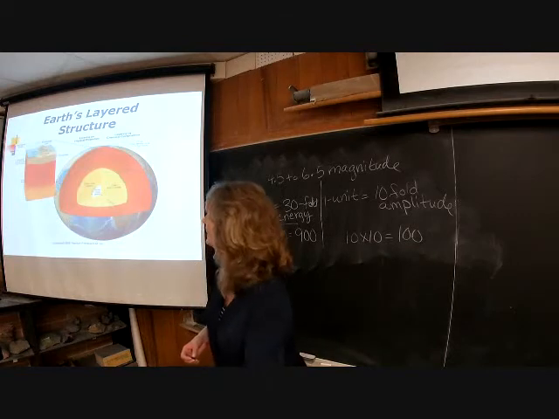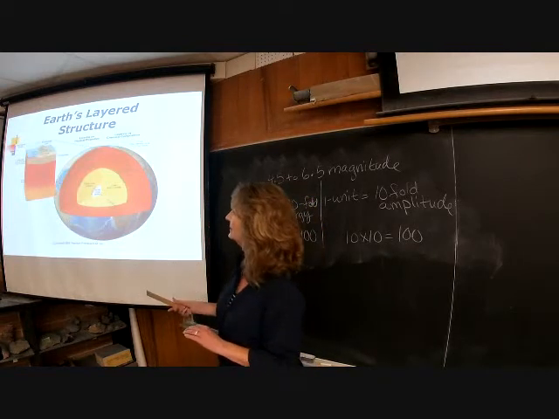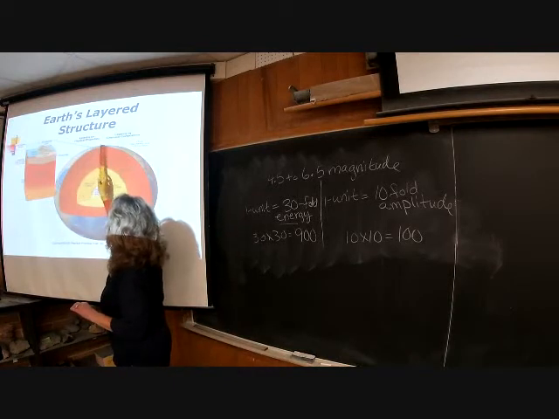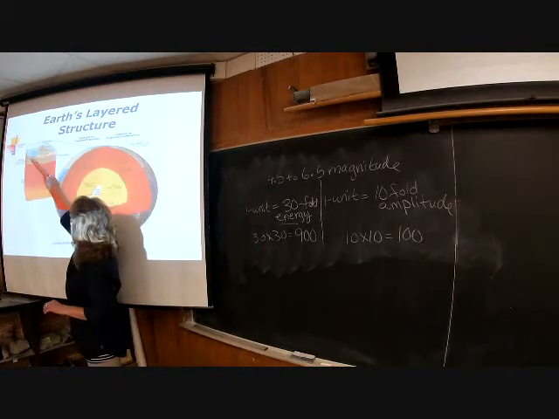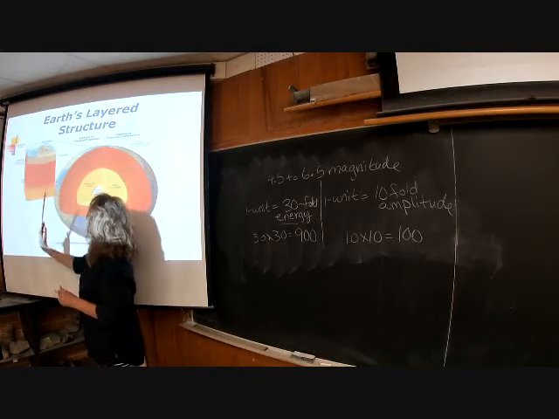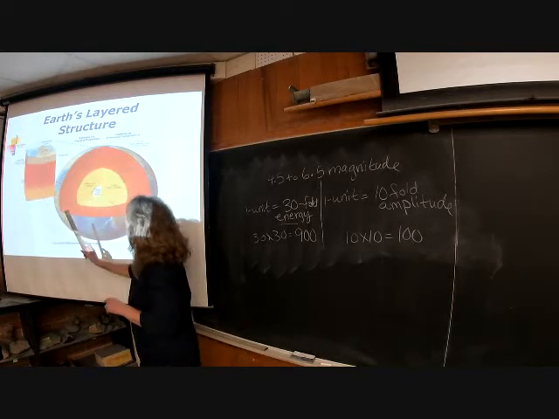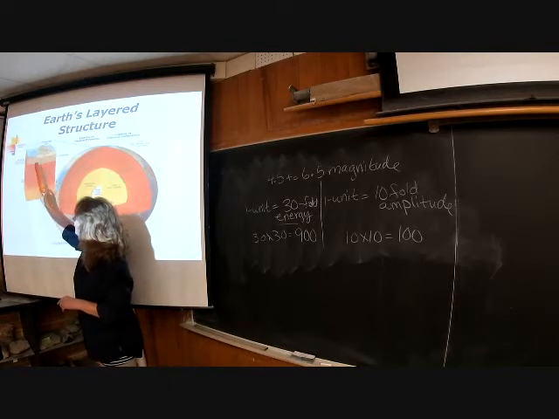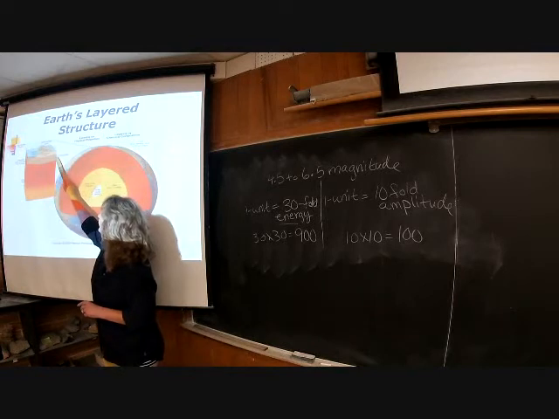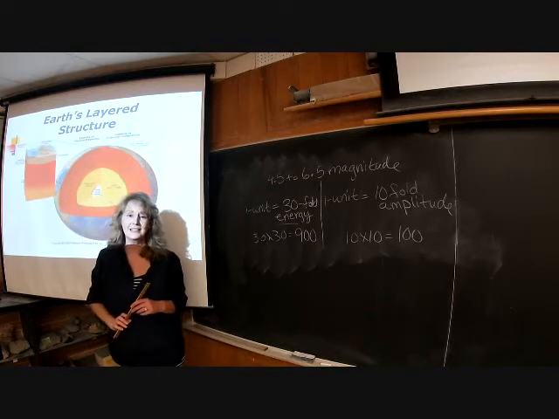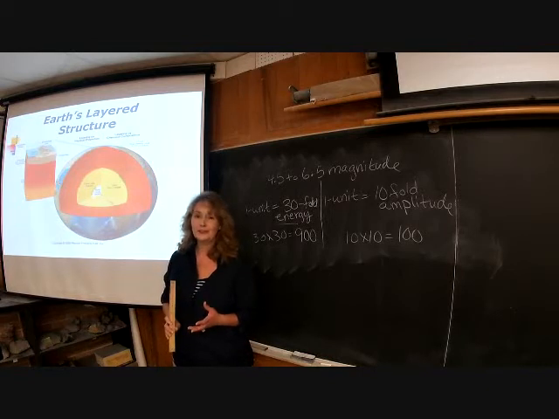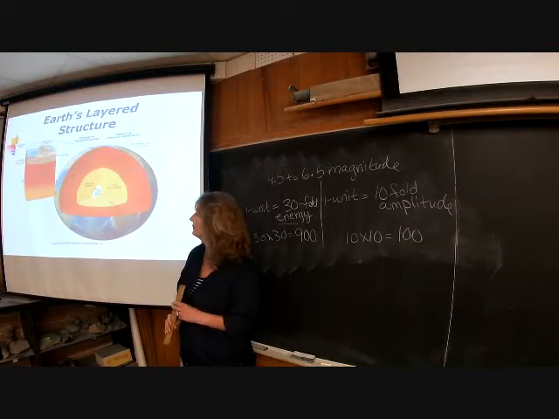So I think we've seen this picture before, but that very thin crust layer includes the oceanic crust and the continental crust, with a small portion of the upper mantle together. That's called the lithosphere. I know you probably can't see the little writing on there, but you have these pictures on Blackboard for you.